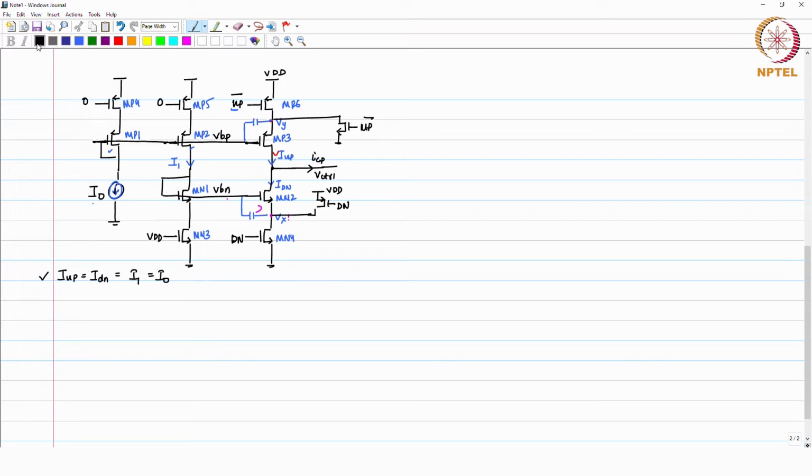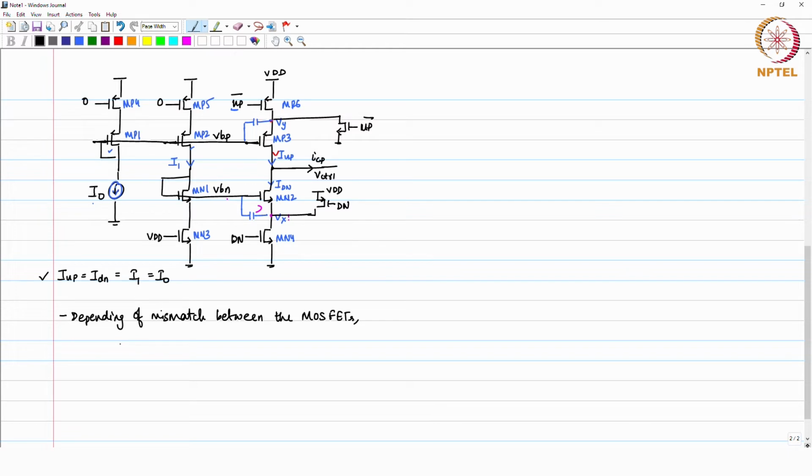So, now depending on mismatch between the MOSFETs, you will have the variation between I1, I naught and then I up and I down.